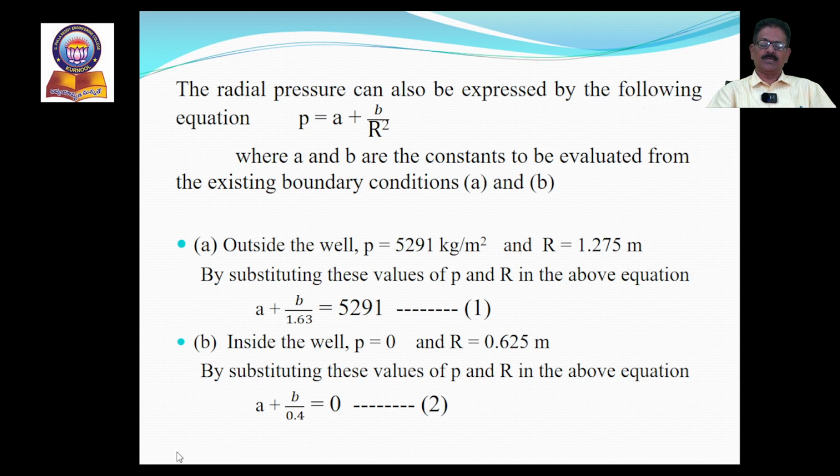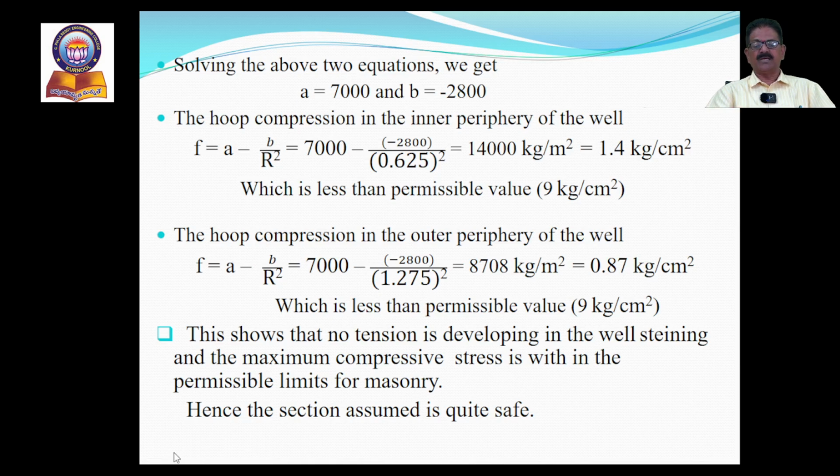By solving these two equations 1 and 2 we will get another pair of values: A is equal to 7000 whereas B is equal to minus 2800. We have to observe the signs carefully.